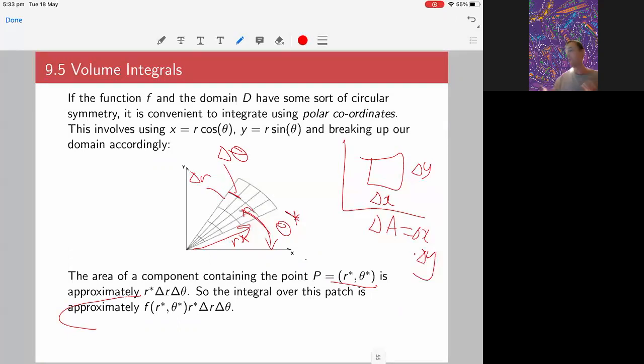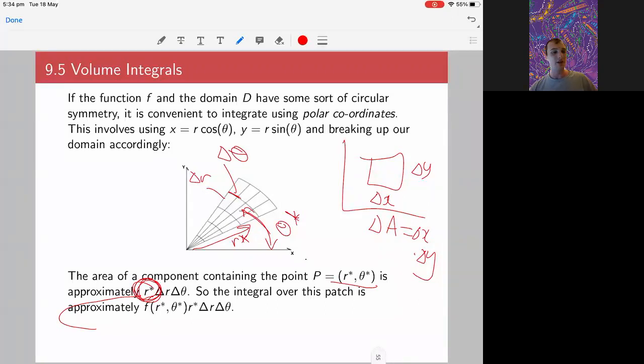So we've got a bit of a question which I would like you to put an answer to if you have, because I want to spend some time talking about this. Why do we need that r star there? Now, you may think the answer is obvious, and if you think it is obvious, please do write it down in the chat.